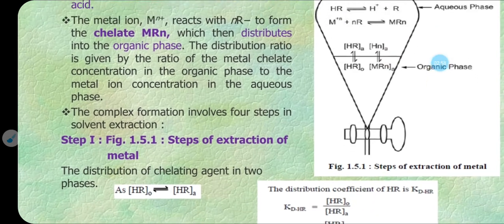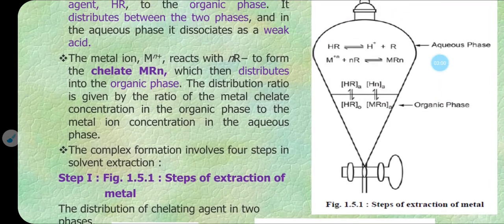If you add a chelating reagent HR in the organic phase, it gets distributed into the aqueous phase. This equilibrium will be maintained, that is, the concentration of chelating reagent in organic is in equilibrium with the concentration of chelating reagent in aqueous. So it is distributed between the layers.